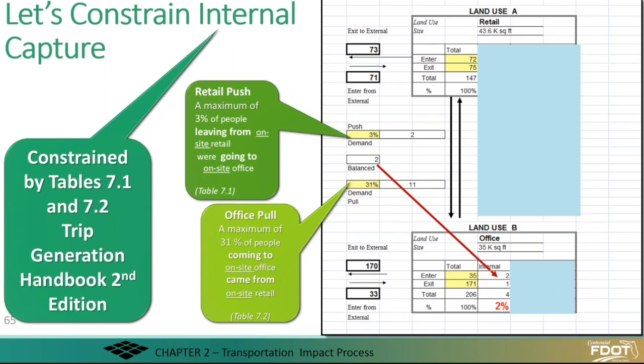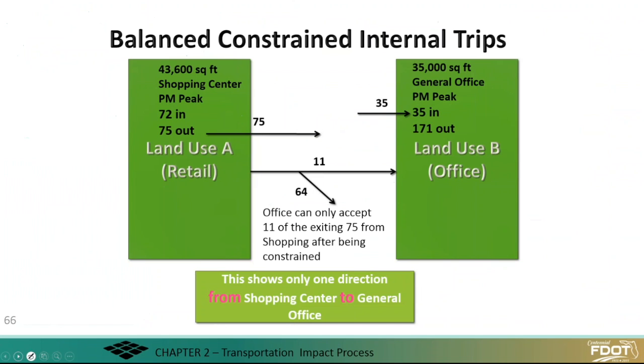That's more realistic based on the numbers that were in the second edition. So you see here, now there are 64 trips that make it to the street.